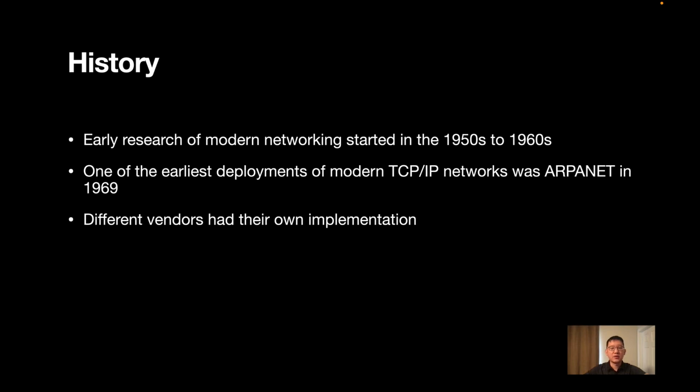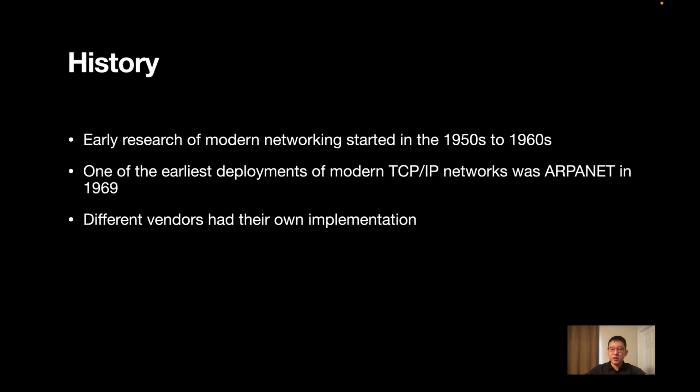Now, we're going to get into what TCP/IP means in future videos, but TCP/IP is basically the foundation of what the internet is today. Now, once we had one deployment of a modern network, different vendors started coming up with their own implementation, and that created a lot of issues when you're trying to connect computers from multiple vendors. So that's kind of how networking started.